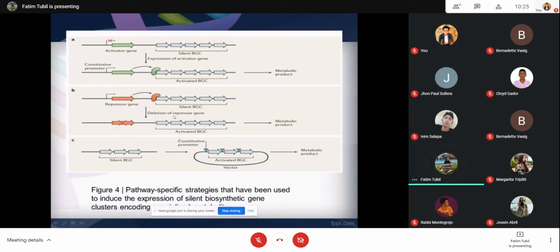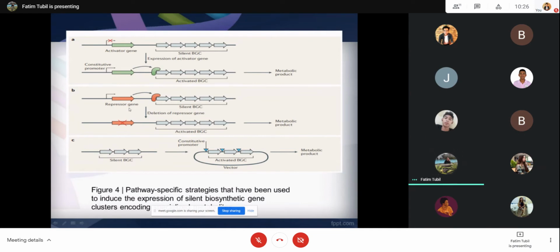So this gene is a repressor gene, and in deletion of the repressor gene, we delete another gene, for example SCRBR2, which encodes a repressor of CPKBGC in Streptomyces coelicolor. If it is deleted, it causes production of the yellow pigment.